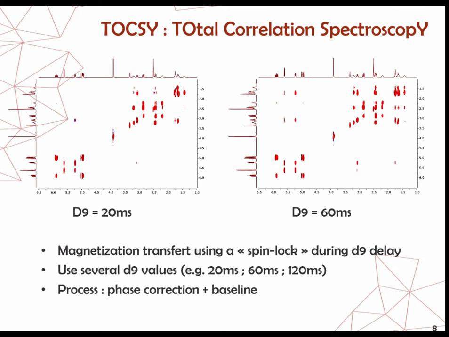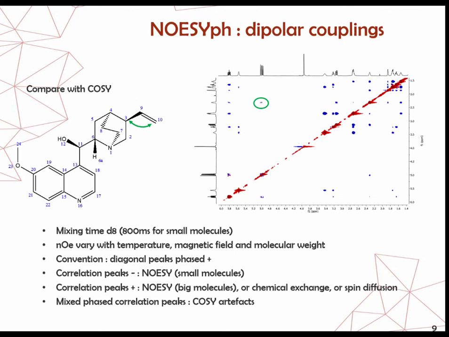Then for dipolar coupling, for small molecules, the most used experiment is NOESY. So here you will get different types of correlation signals. For small molecules, usually the diagonal is phased positively, so it appears in red here, and the NOESY correlation peaks will appear as negative peaks.